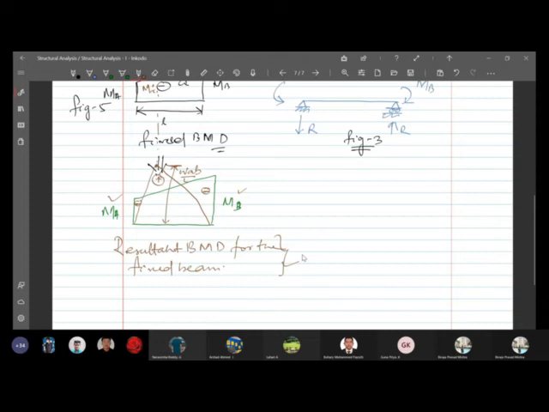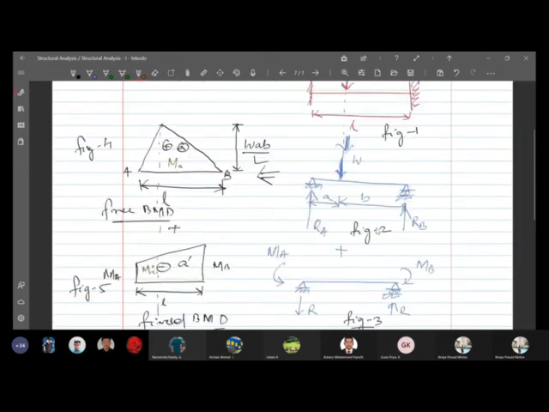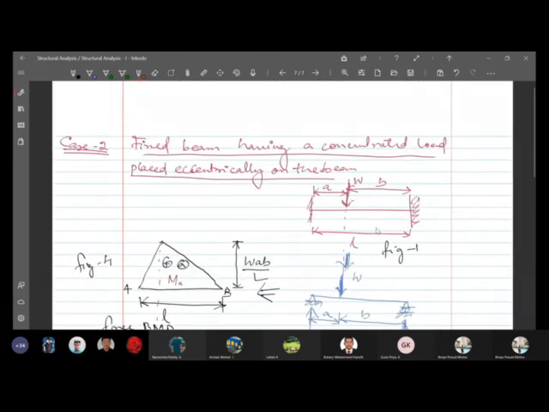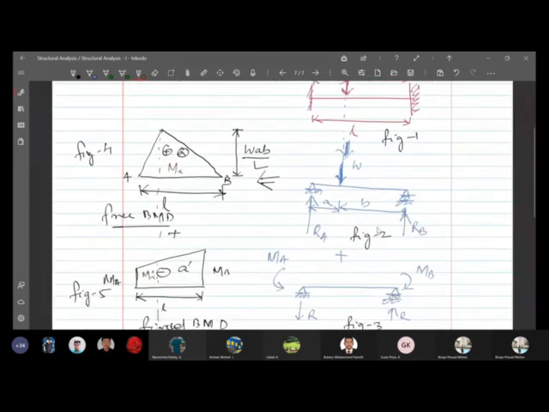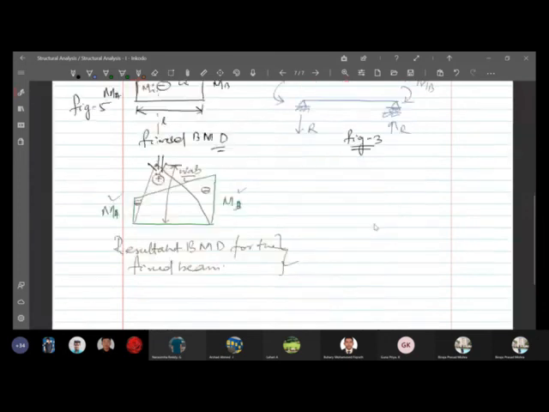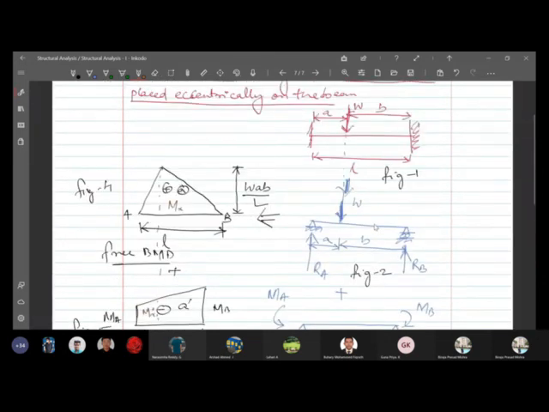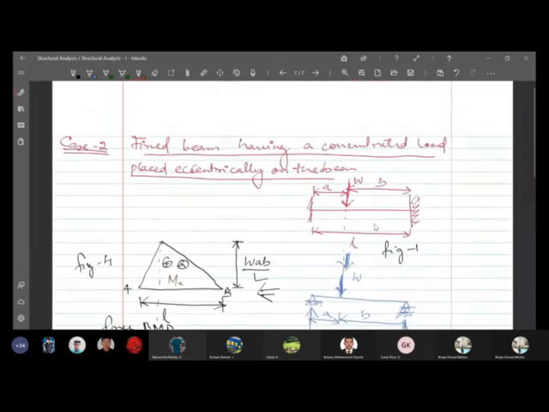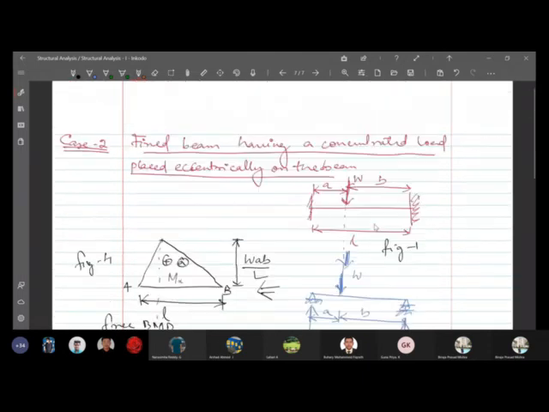Now let's write this in a presentable format. I hope all of you have got a rough idea about the fixed beam having a concentrated load which is placed eccentrically on the beam.